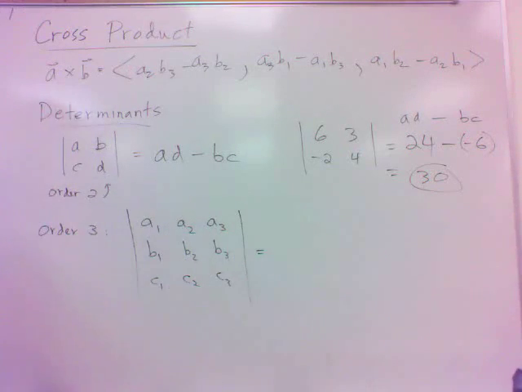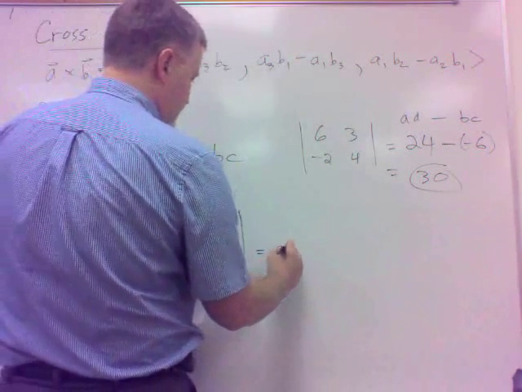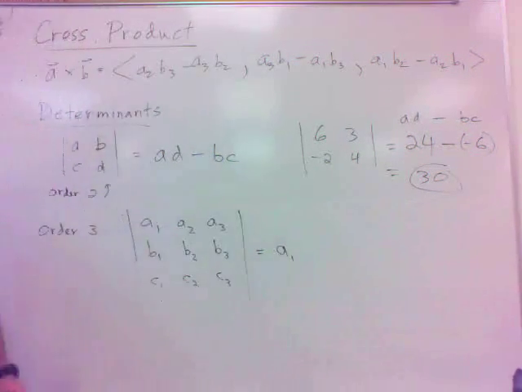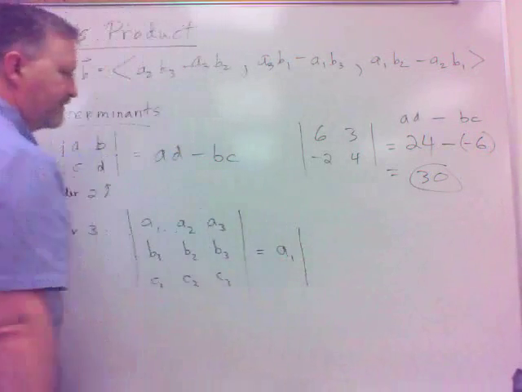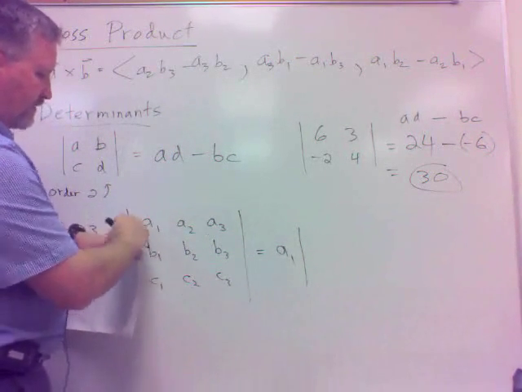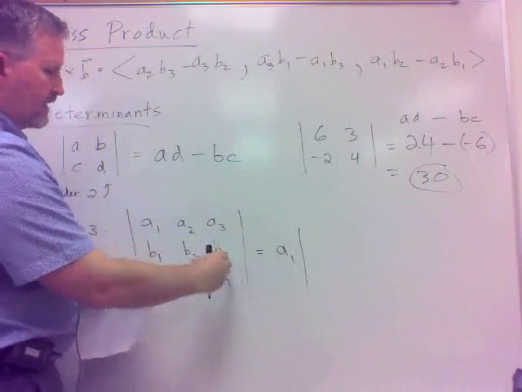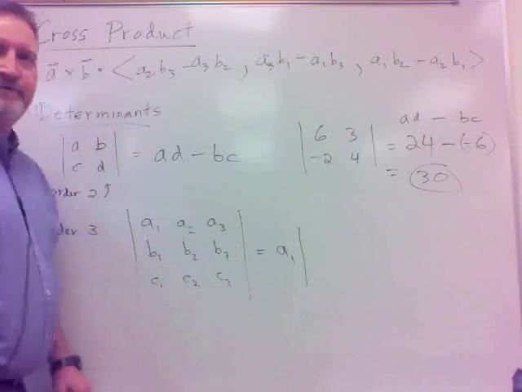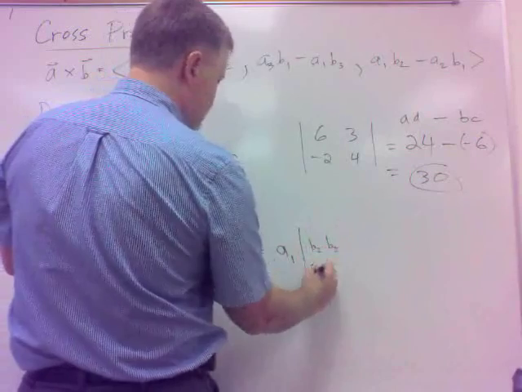Remember how that goes? You take the top row and multiply each individual one on the top row by a 2 by 2 determinant. For A1, we eliminate the row and the column it's in, and we just focus on what remains. That's going to be our determinant: B2, B3, C2, C3.